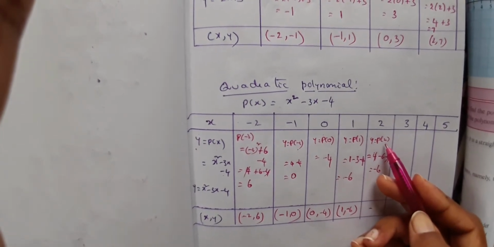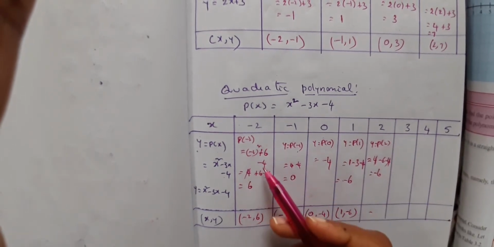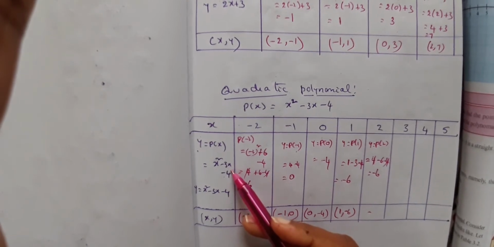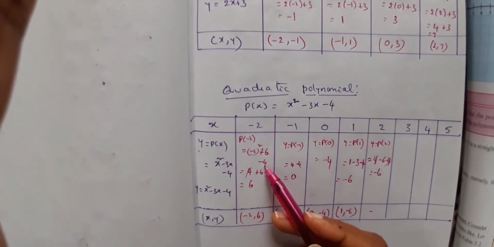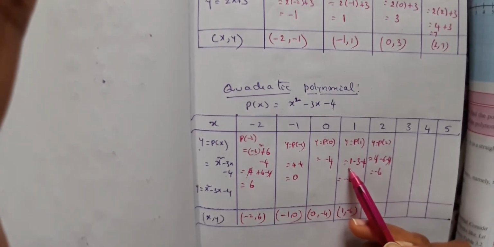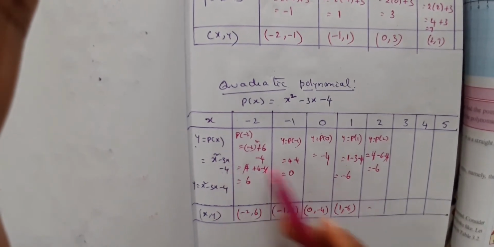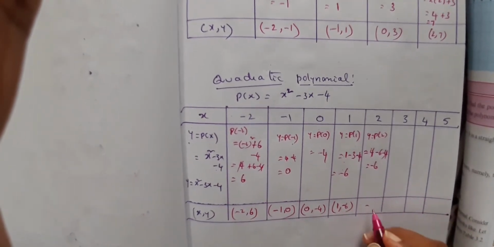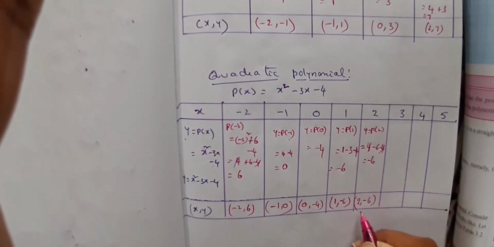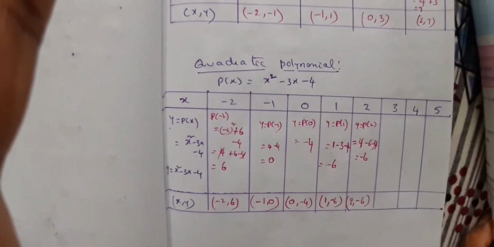P of 2: 2 square is 4, 3 2s are 6, minus 6, and this is minus 4, right? And for 1: 1 square is 1, minus 3 into 1 is minus 3, 1 minus 3 is minus 2, minus 4, minus 6. So this is 2 comma minus 6. Yes, it's a quadratic polynomial. There is a chance to get like this.